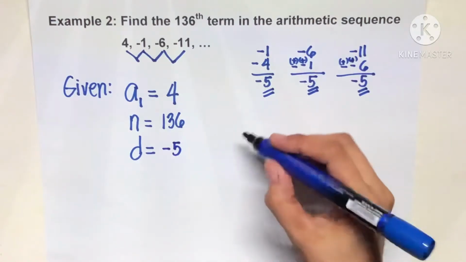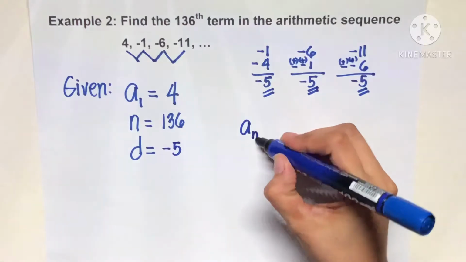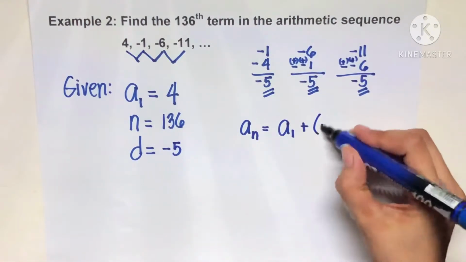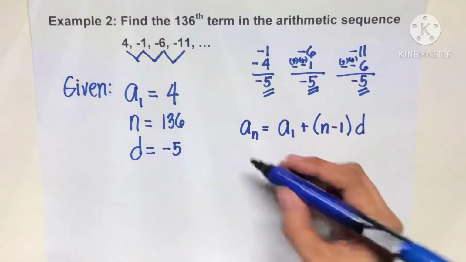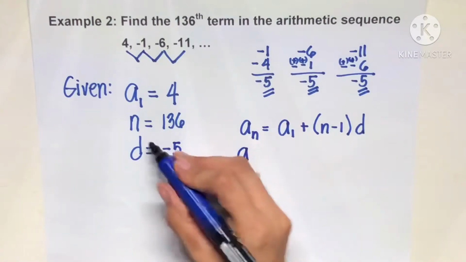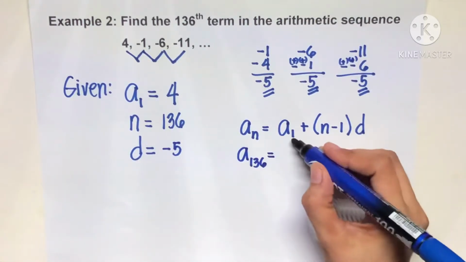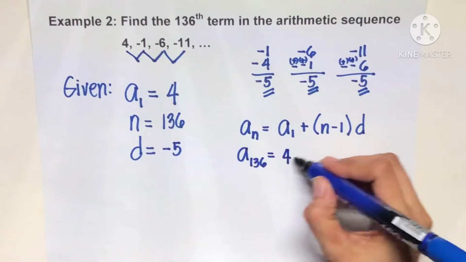So we will use the arithmetic formula. So we have here a sub n is equal to a sub 1 plus the quantity of n minus 1 times d. So let's substitute. So our n is 136. So our a sub 1 or the first term here is 4.